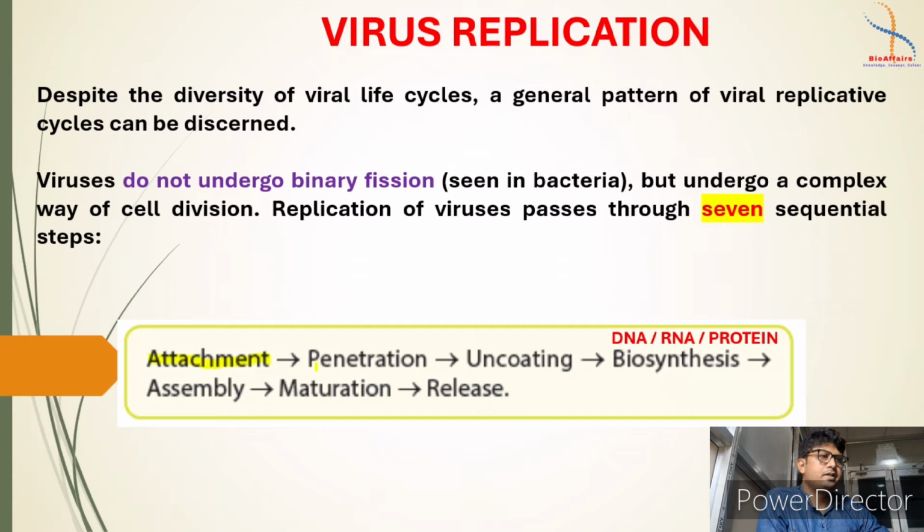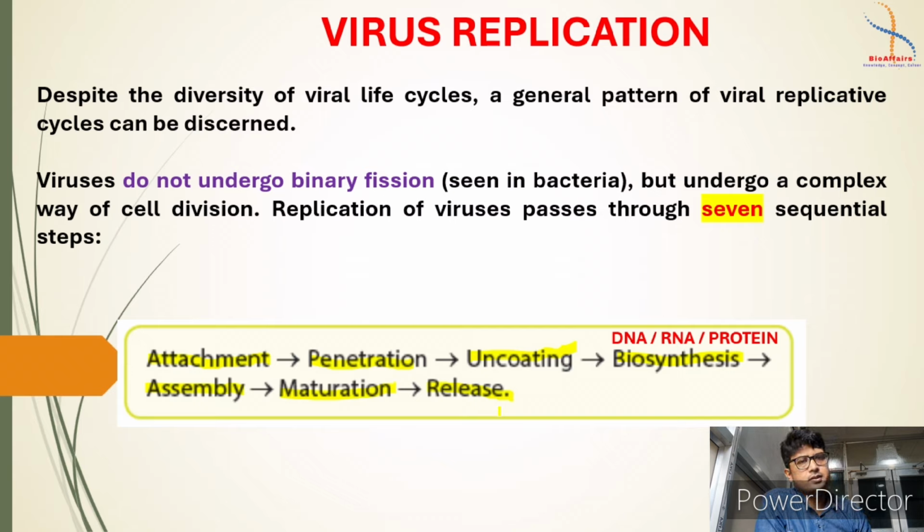Attachment, penetration, uncoating, biosynthesis, whether it is DNA, RNA or protein, then assembly, maturation, and after all, release. This release will help in infecting other cells, as well as most of the cells of the body in the case of humans or animals.